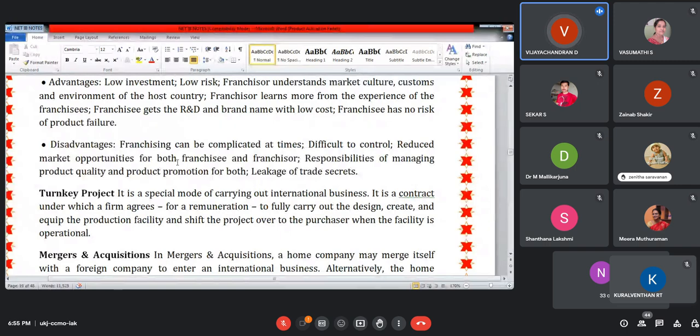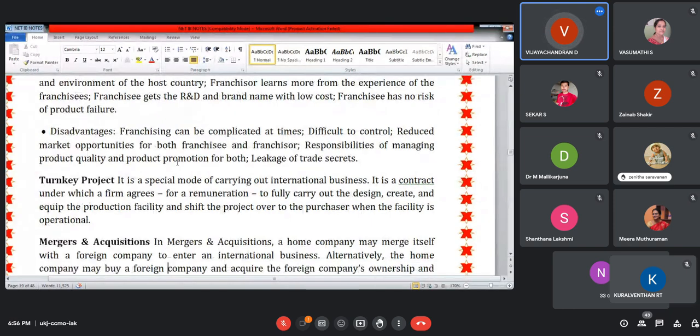In the case of laptops, the raw materials, the other product, like the panel and the monitor, those things will be produced by Toshiba, and the product will be sold by other companies. So this is another way of entering into international trade. So what is a turnkey project? They will do everything in the product. Manufacturing will be done by one company, but it is branded and marketed by another company. That is known as a turnkey project.